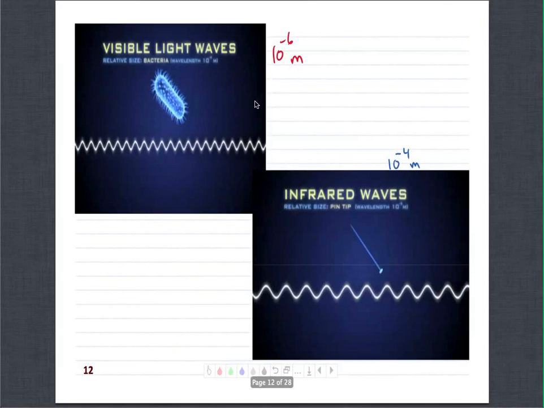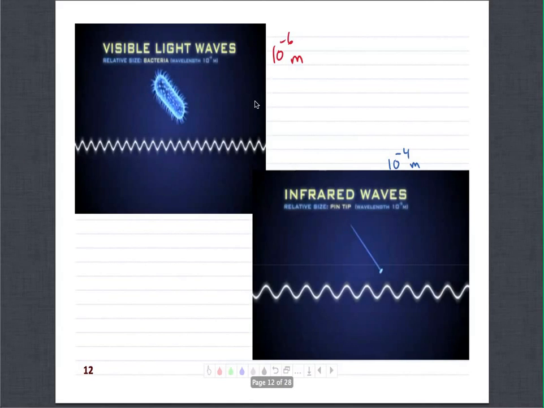And if anybody is in the army, they are probably trained to use the night vision infrared. The wavelength of that is the size of a pin tip. And definitely the infrared is less harmful to us than the visible, that means less energy. Both of them aren't dangerous to us.